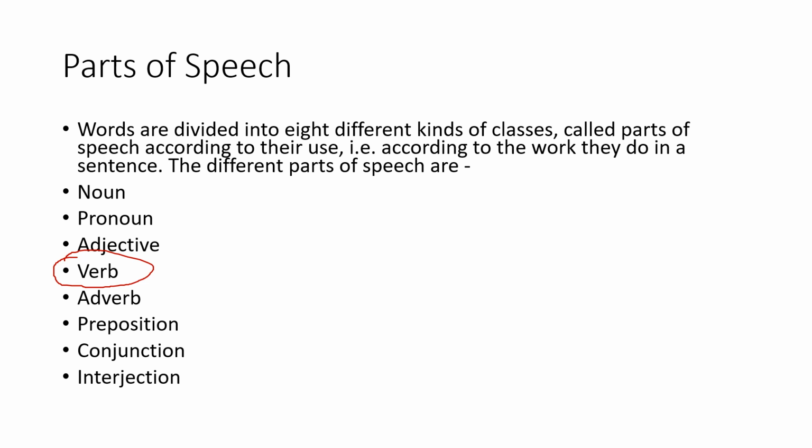The most common conjunctions, there is an acronym for that. It's called FANBOYS. What is it? FANBOYS: for, and, nor, but, or, yet, and so. So these are the most commonly used conjunctions. Interjections, this is the least used part of speech. And one good quality of an interjection is, even if you remove the interjection, the sentence stands as it is.